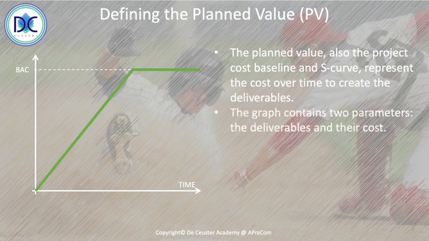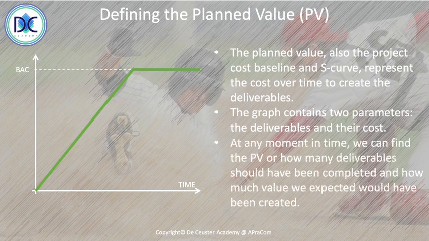When we look at this graph, there are two parameters. Basically, in this graph, we have the deliverables and the cost of the deliverables. The graph contains those two parameters, and during production, we will be looking at these things separately.